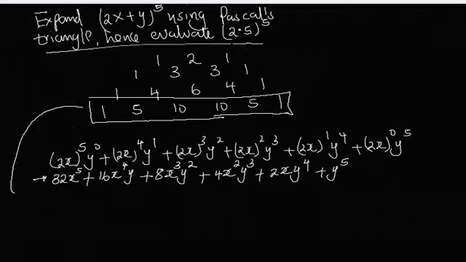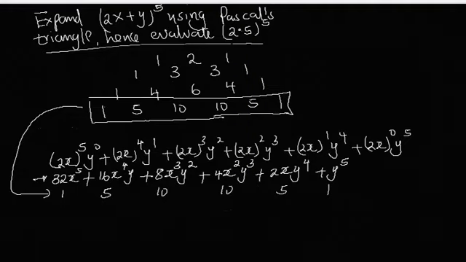And now we can introduce our coefficients down here. Coefficients are 1, 5, 10, 10, 5, 1. So we're going to multiply each term by the corresponding coefficient.